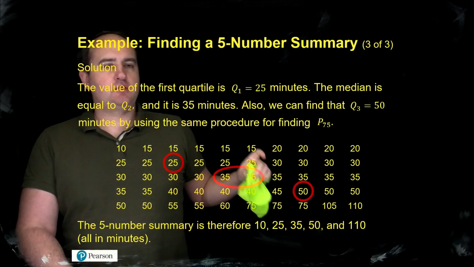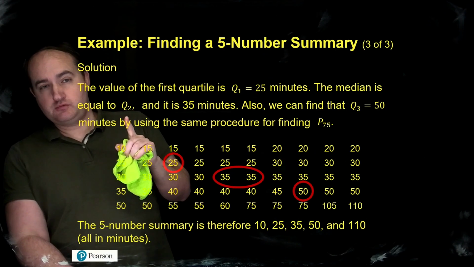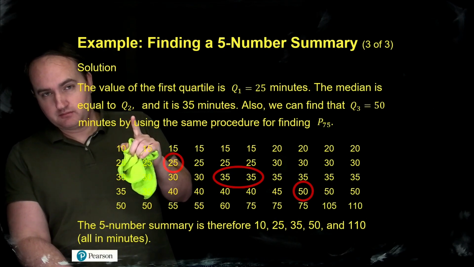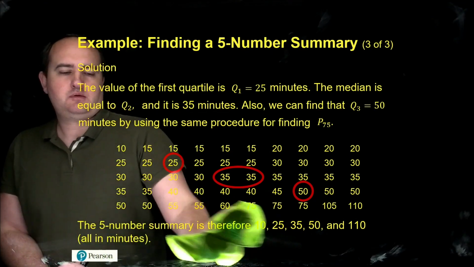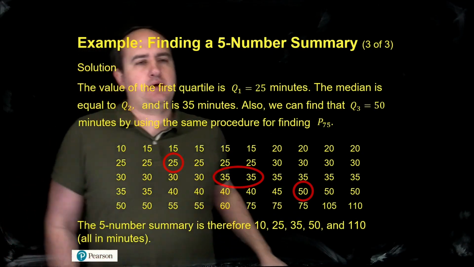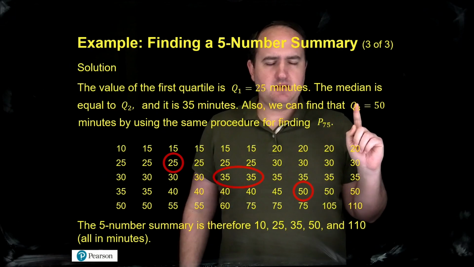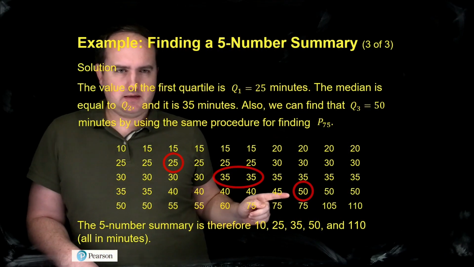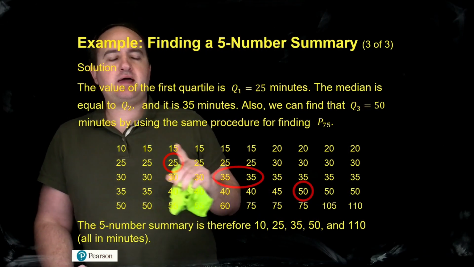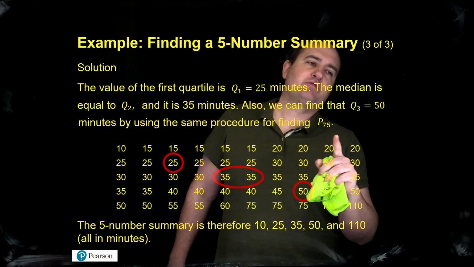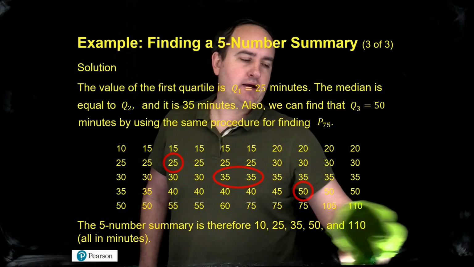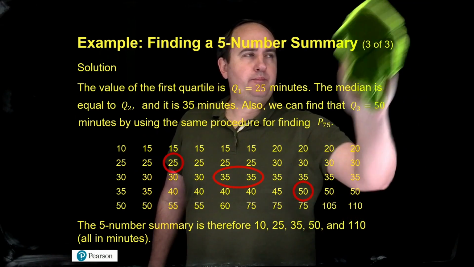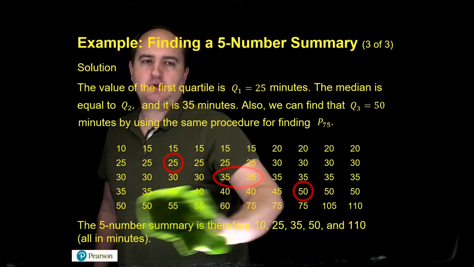And then they used the locator to find Q2, which is the same as P50, and that was 35 minutes. And then Q3, they got 50, just like we did, and they used that by using the same procedure to find P75. So K would be 75, and they used the locator and the flowchart.